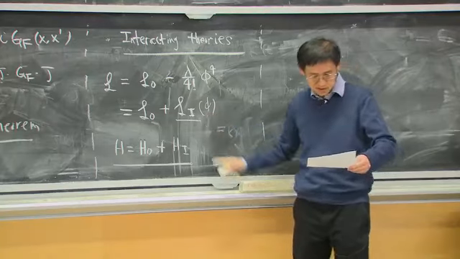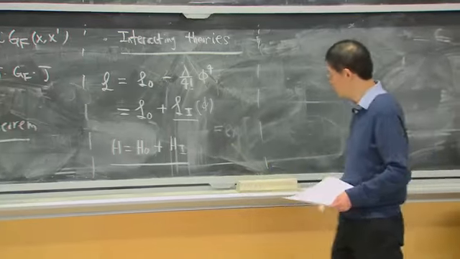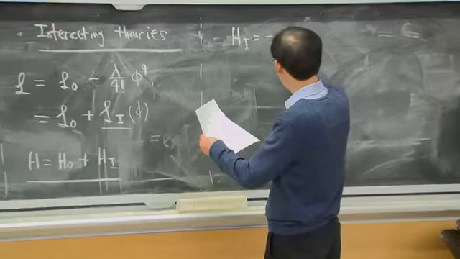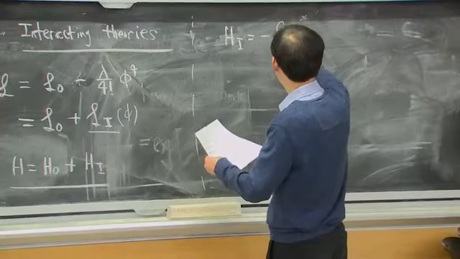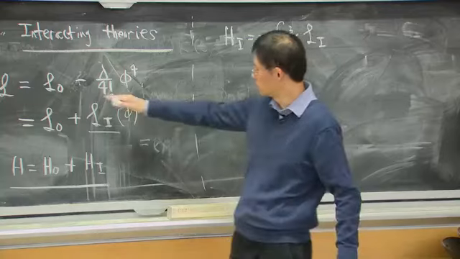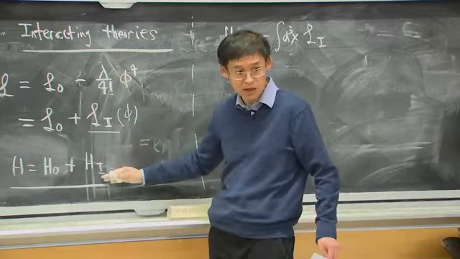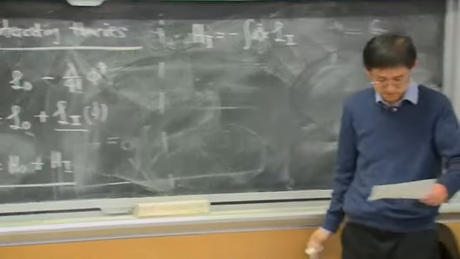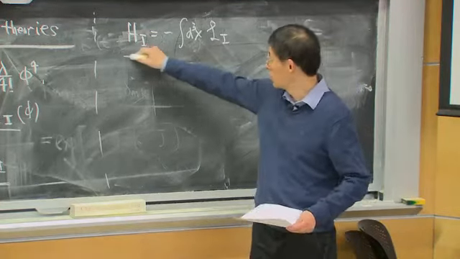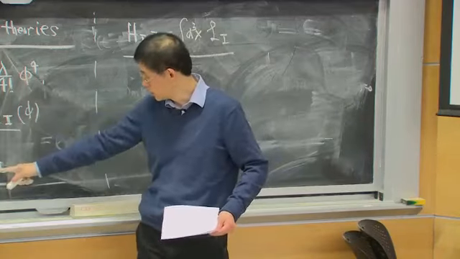If it does not depend on the time derivative of phi, then Hi is essentially just minus this Li. When you do the Legendre transform to go from L to H, that does not change this term if it does not contain a time derivative. So there is a very simple relation between the interacting term in the Lagrangian and in the Hamiltonian.